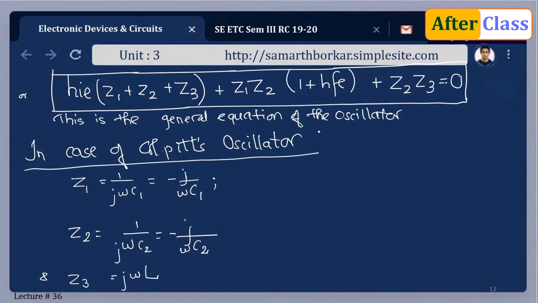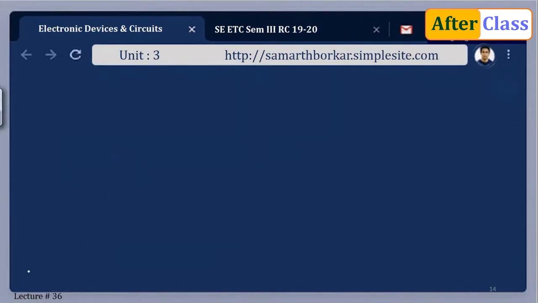This is the general equation for the oscillator, and then you substitute Z1 equal to this value, Z2 is this, and Z3 equal to j omega L. So if I substitute these terms in this expression, what I get is hIE into minus j omega C1 minus j omega C2 plus j omega L.